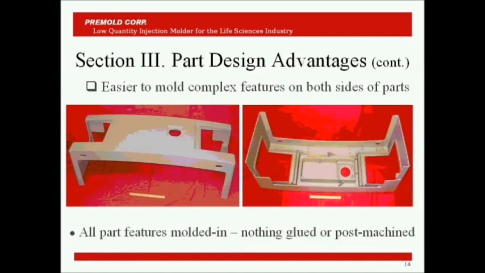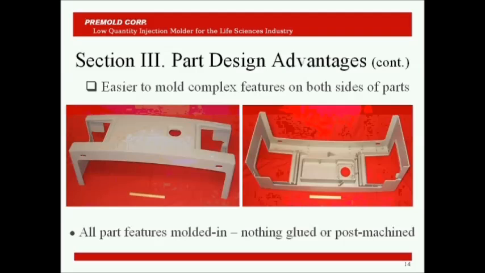It's easy to mold complex features and fine details on both sides of RIM parts. The low viscosity and easy mold filling capability of RIM resins makes this possible. Designers and engineers are encouraged to design in all the features they want because even complex features don't need to be glued on or machined in after the parts are molded.